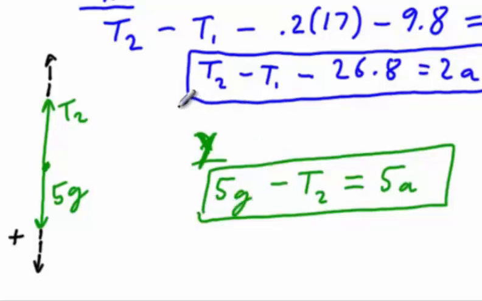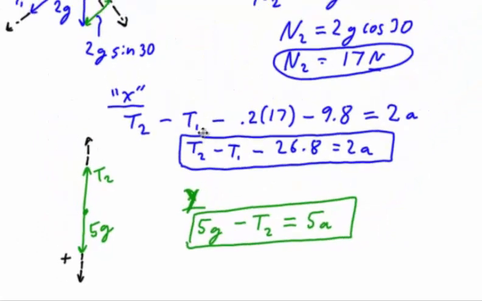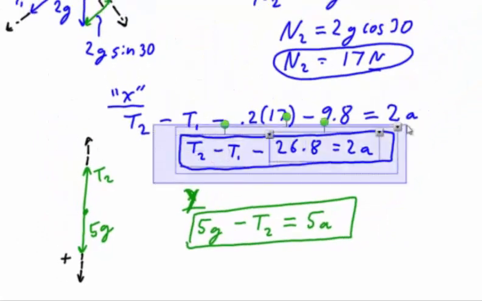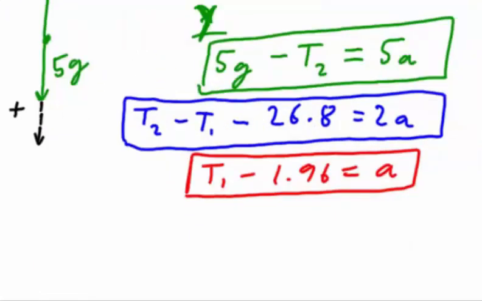Let's see if we can collect these equations together and give them a little closer examination. Now that we've collected the three equations together, we can check whether the three equations are consistent with one another. Since we always chose the plus direction to be with the acceleration, we should find that the tensions which always pull are listed twice each. Once in the plus direction and once in the minus direction.